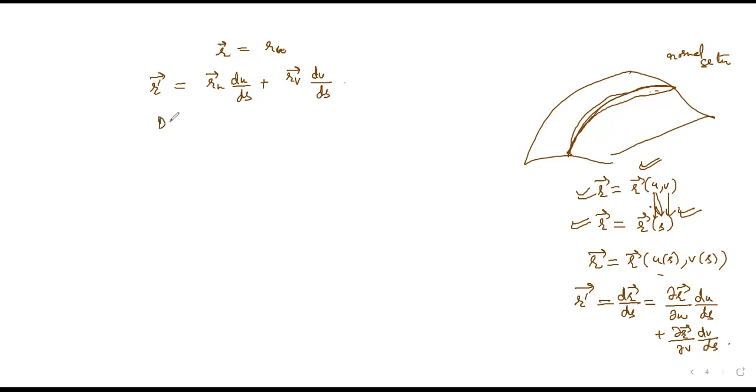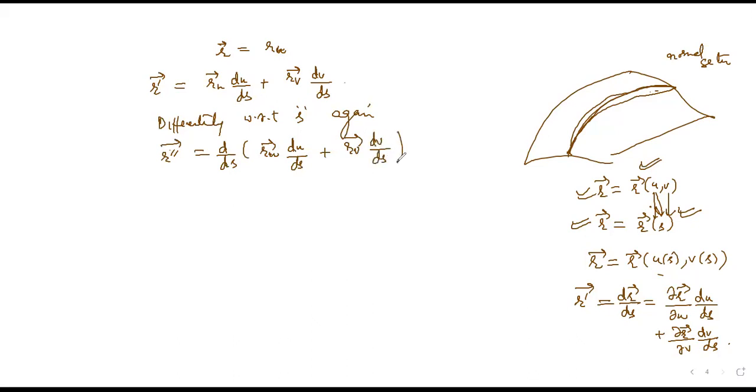Now differentiating with respect to s again, I should have r double dash, differentiating once more, equal to d by ds of r sub u du by ds plus r sub v into dv by ds.